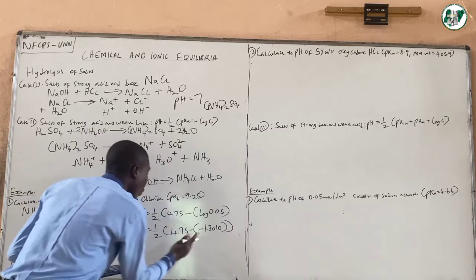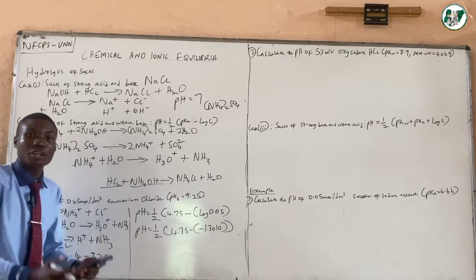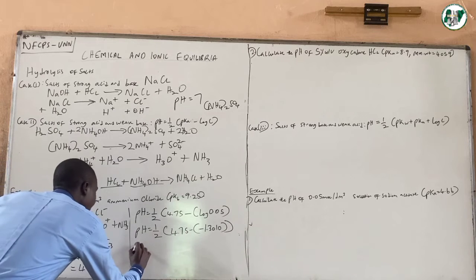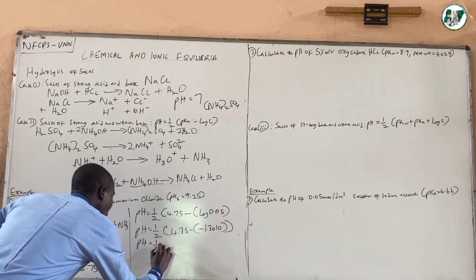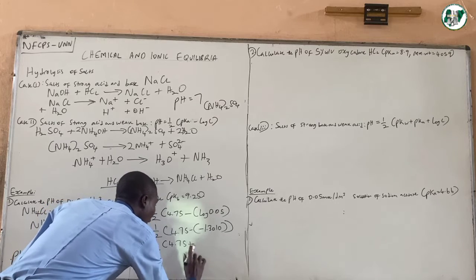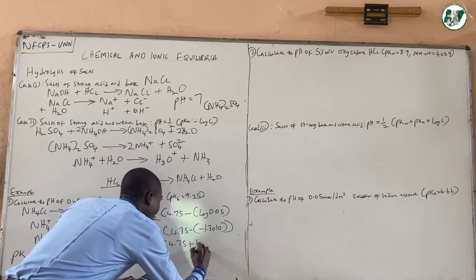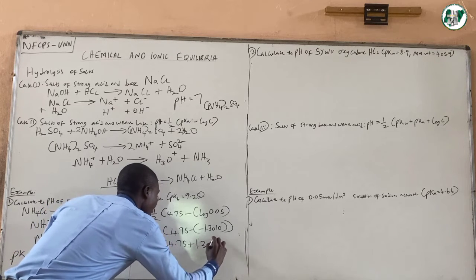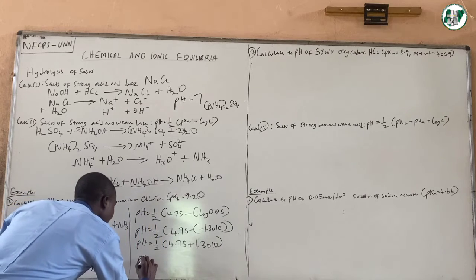Minus times minus will give us plus. So pH is equal to 1/2 brackets 4.75 plus 1.3010.